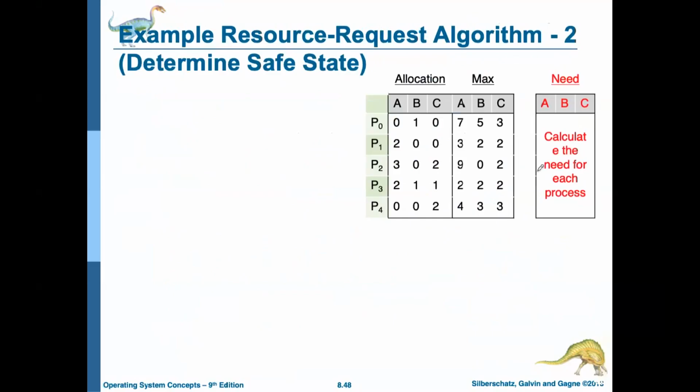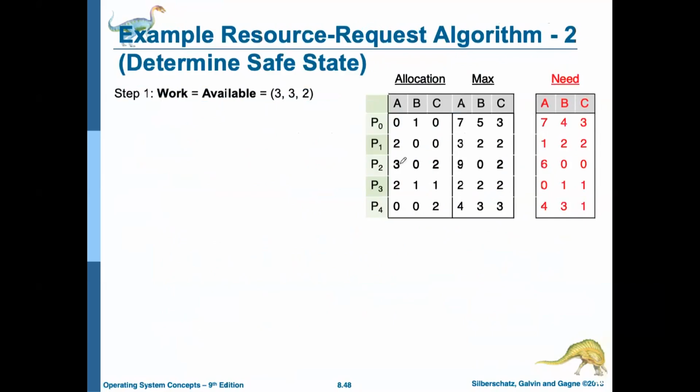Then we determine the safe state, and we already know how to calculate this from the previous slide. Same thing, step 1: Work equals Available, 332. This is the first step.